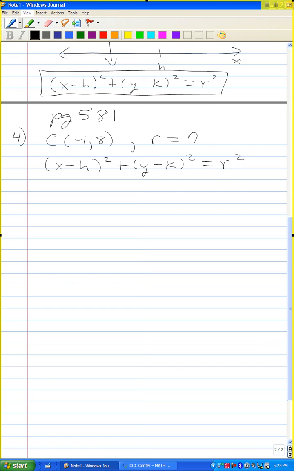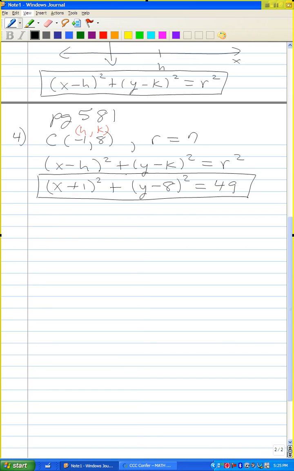And so I have here that h and k are negative 1 and 8, and so I have x minus negative 1 squared plus y minus 8 squared equals r squared. 7 squared is 49. And that is the equation for a circle centered at (negative 1, 8) of radius 7.